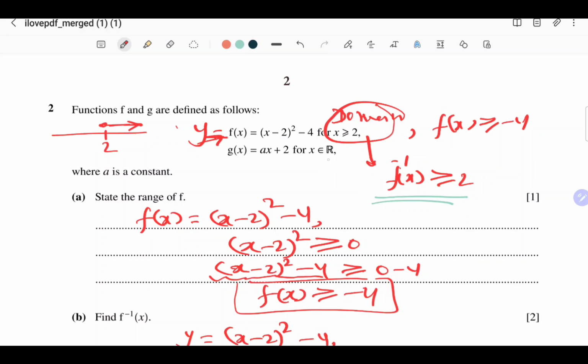That's the domain. But for g(x), it's all real numbers. What's the common domain for these two? If we are discussing these two combined, then we have to think about the common domain, the common values of x which satisfy both together. That's x greater than or equal to 2.